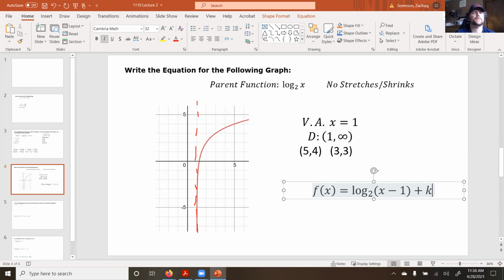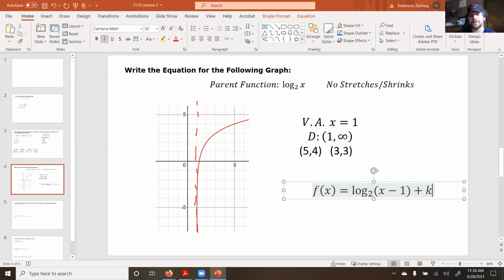This is a strategy that we saw when we were solving for vertex form. This is a strategy that we saw when we were solving for y equals mx plus b. This is a strategy we do anytime we have a graph. Well, not anytime. Most of the times when we have a graph and we're trying to solve for an unknown. There's something we can use.